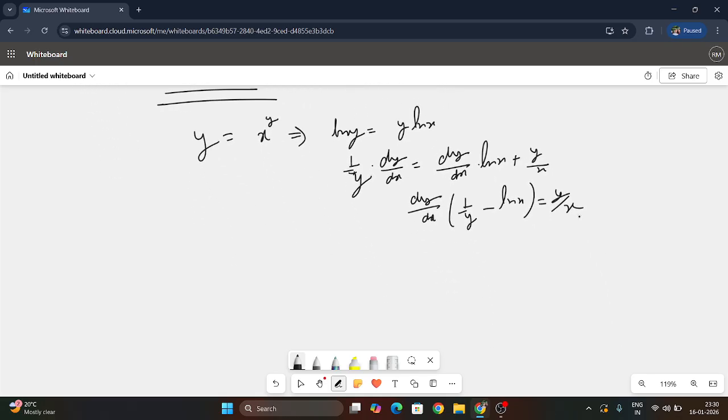Okay, and this is going to be dy by dx equal to y by x into y times of 1 minus y log x. Okay, so this is your answer, y square upon x times of 1 minus y log x.